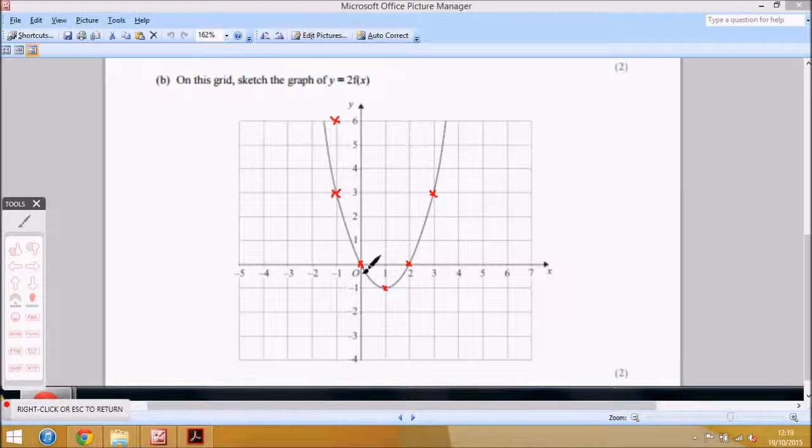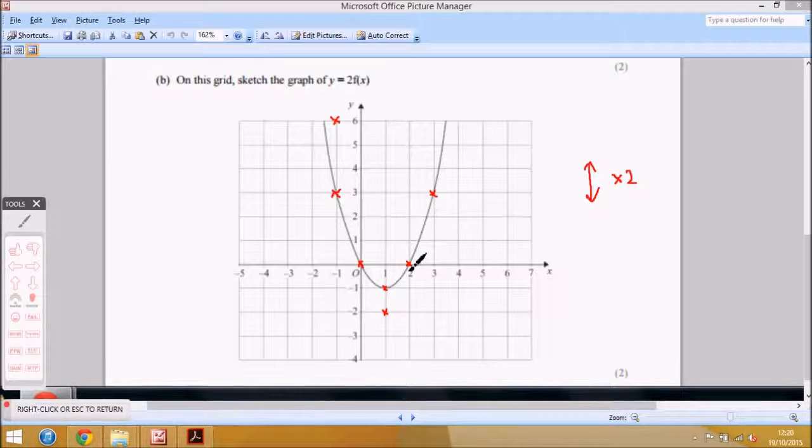It's just 0, 0. This point here is 1 across and 1 down. The y coordinate is -1, so we multiply that by 2, and that gives us -2. So we're stretching it up and down. It's being stretched in the y direction by a scale factor of 2, so multiplying it by 2.